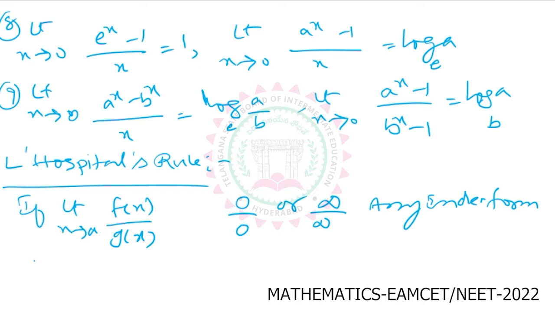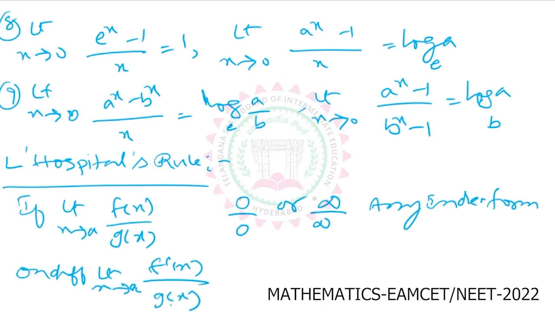If again on differentiating, this is limit x tending to a, f dash x by g dash x. So I may get the answer as my option. If again f dash x by g dash x is equal to 0 and it has become an indeterminate form, then I have to differentiate again, right? So that is, find limit x tending to a, f double dash x divided by g double dash x.